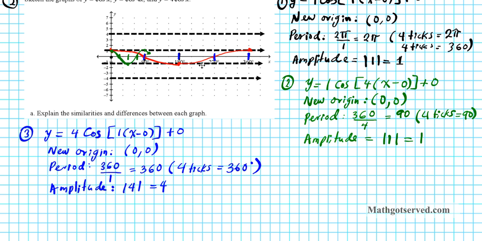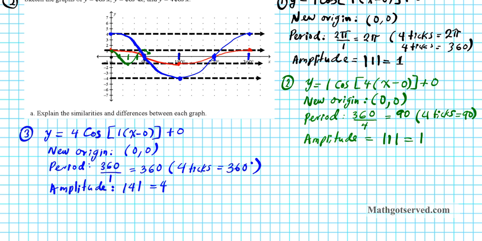We are still graphing our standard cosine function, so we start from the max, center, min, center, max, and then we connect the dots. Okay, so it goes like that, like that, like that, then like that.